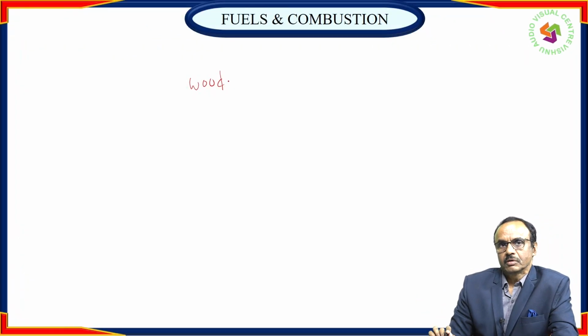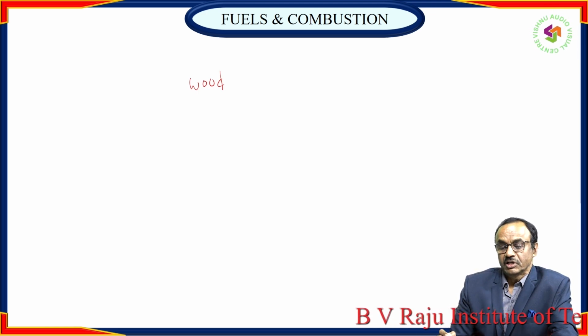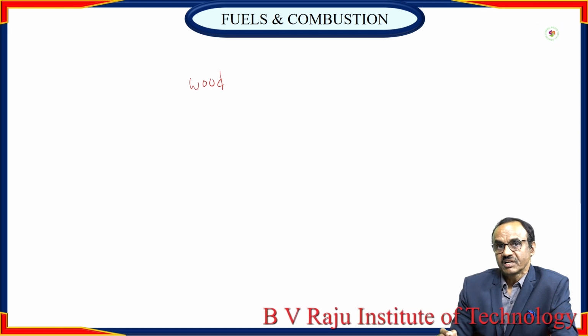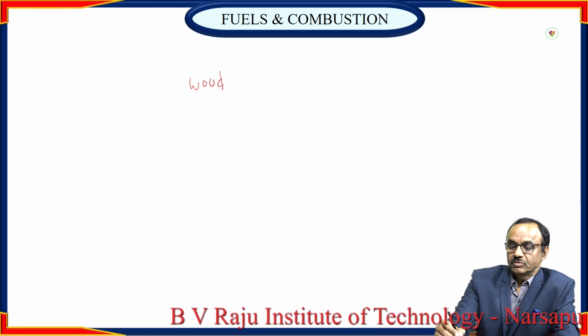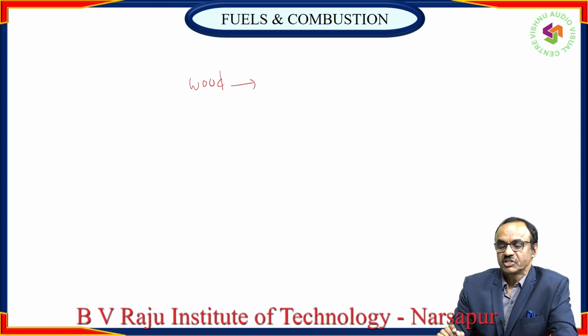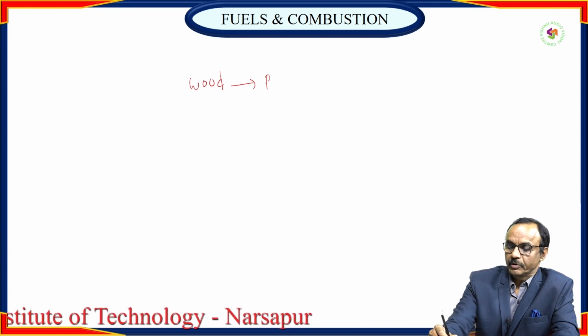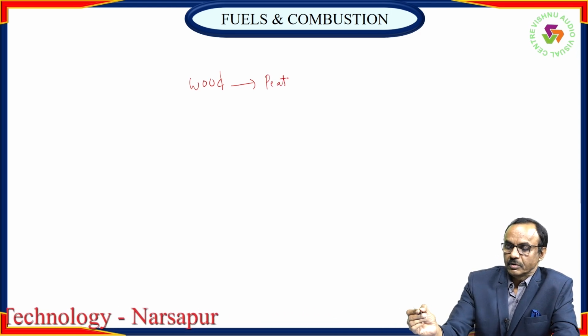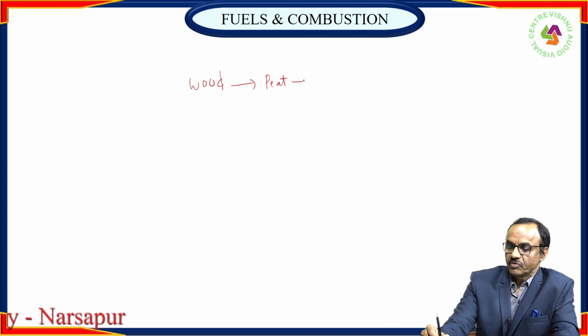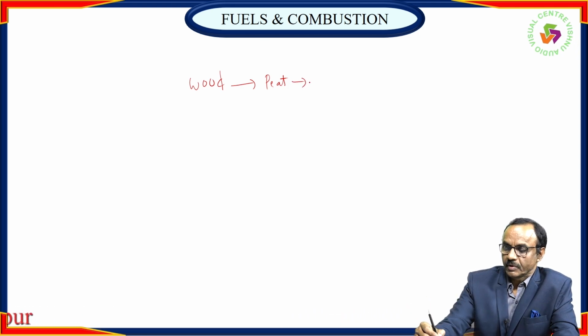This wood undergoes qualification in the crust in the absence of air, in the absence of oxygen. The first stage of qualification is called peat. The second stage is called lignite.